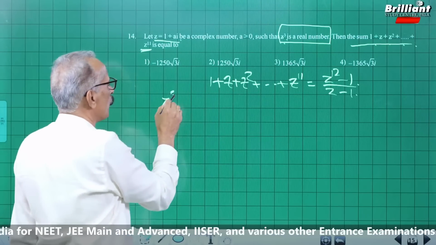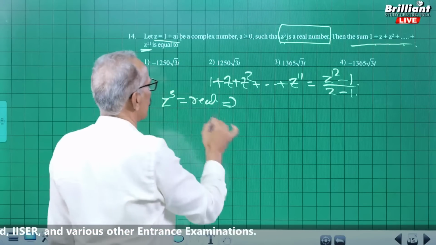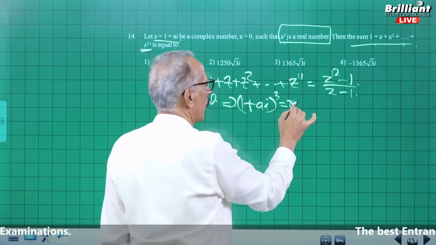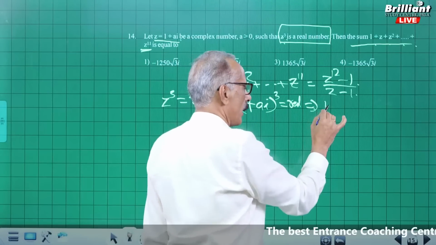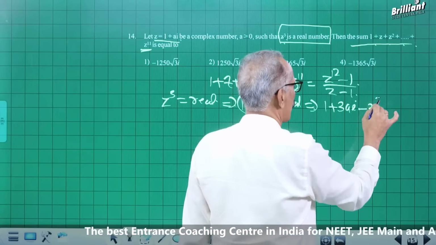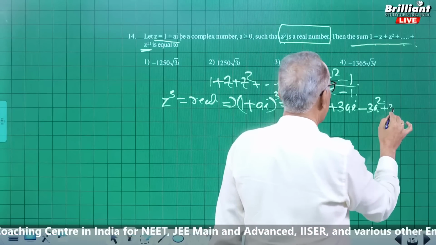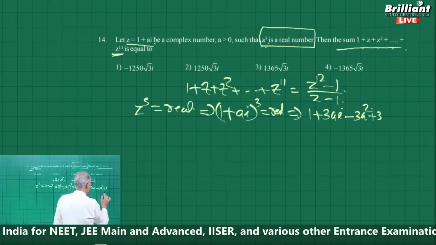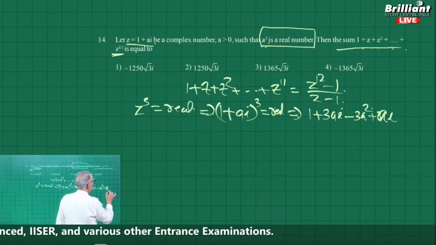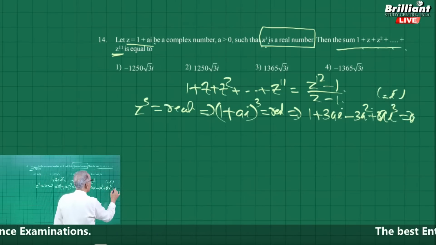Now this is very important. z cube is real. What is z cube here? z cube is (1 + ai) the whole cube, which is real. Expanding: 1 + 3ai - 3a square + (ai) cube, where i cube is -i.